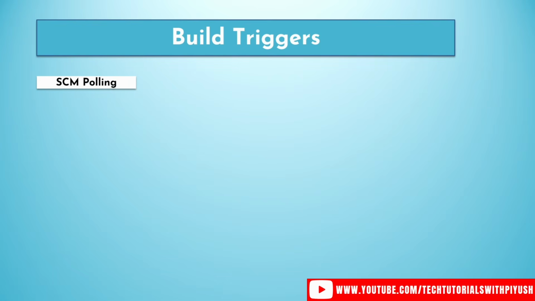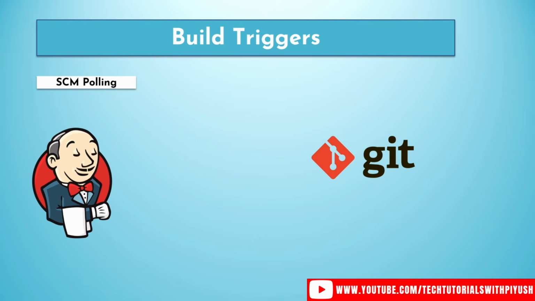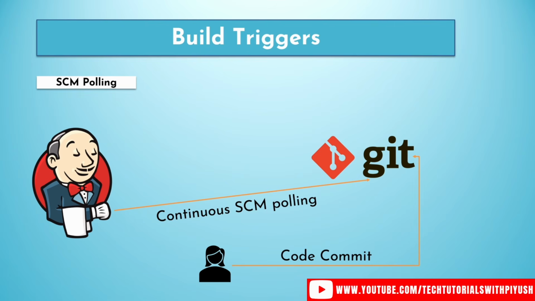This is a little different from the Git webhook polling because it doesn't have a webhook. We have Jenkins and GitHub over here, and they are connected with a continuous SCM polling. That means Jenkins is continuously polling the GitHub repository for any changes. So whenever a user performs any code commit, Jenkins will detect it because Jenkins is continuously polling GitHub.